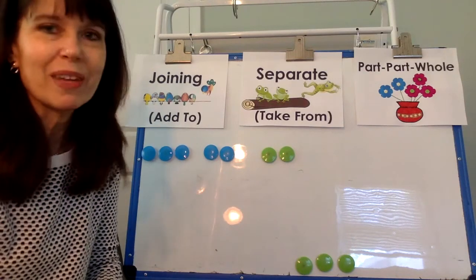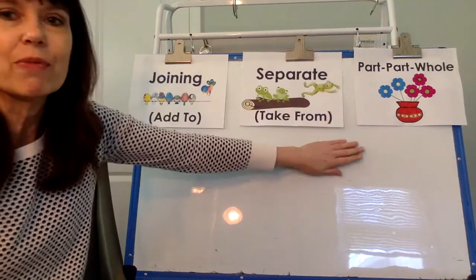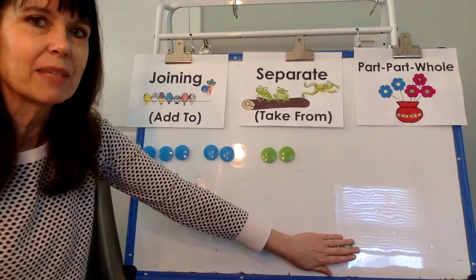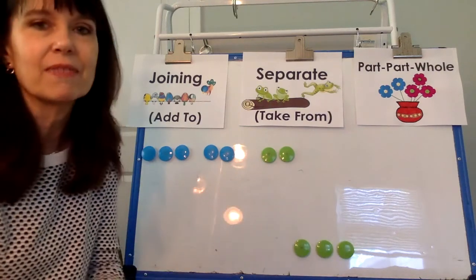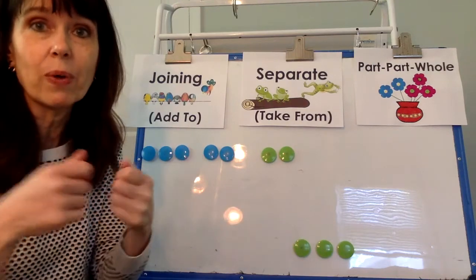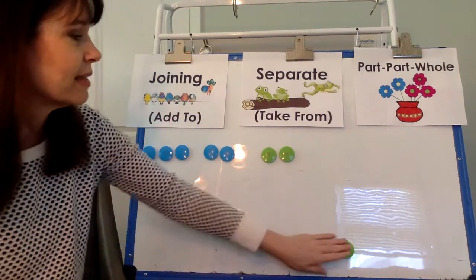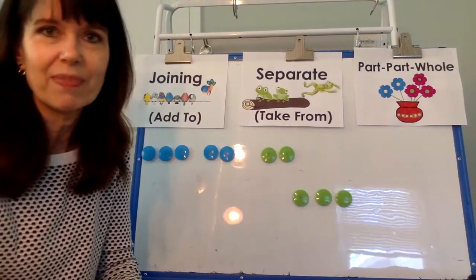There are 2 that are left. So we had 5. I gave 3 away. So I'm taking those from that group. And now, how many are left? I have 2 left. That is an example of a separate. Some went away. Take away. Take from. So that was a separate problem.